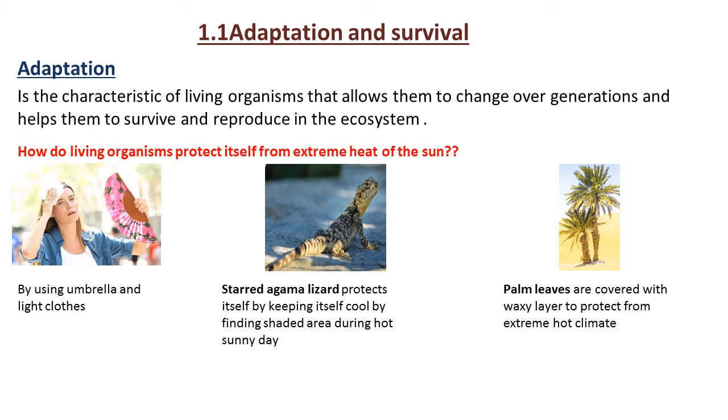What about animals? Here we have an example. The starred agama lizard that lives in the desert protects itself by keeping cool, finding shaded areas during hot sunny days. And also the palm tree, which is a plant, has leaves covered with a waxy layer to protect from extreme hot climate. These are examples of adaptation.